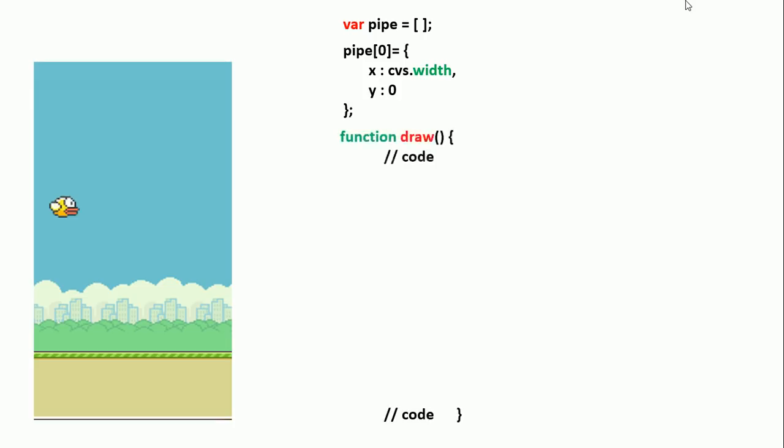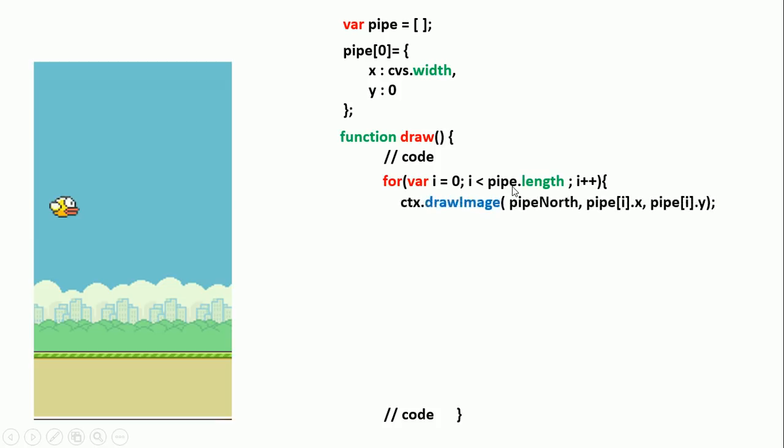So for that we will set an array called pipe, and we will initiate this array with these coordinates. So the X position will be the canvas width and the Y position is 0. Now inside our draw function, beside the code we already typed, we will use a for loop to loop over the pipe array.